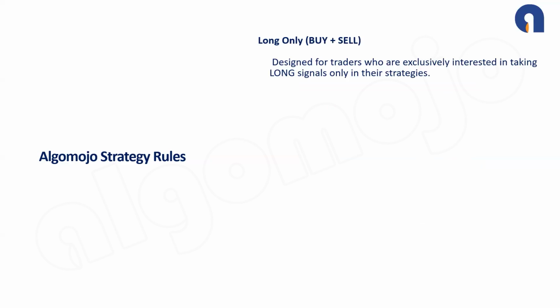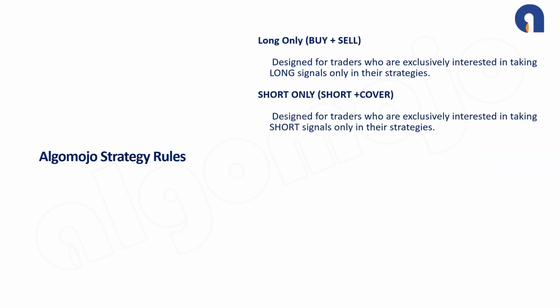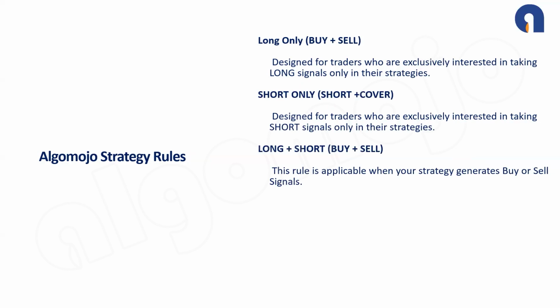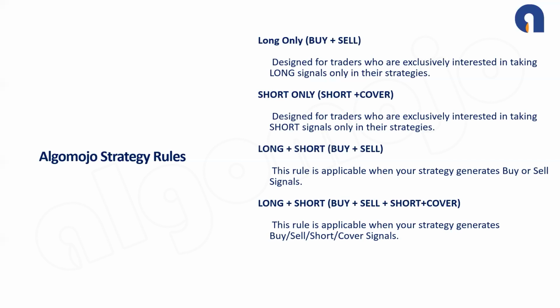I was telling you about various rules that are applicable, like long only or short only or long plus short buy sell. Typically, long plus short buy sell is used in TradingView kind of scenarios. In Amibroker, you will also have short and cover. But the rule works in the same manner in both Amibroker and TradingView.